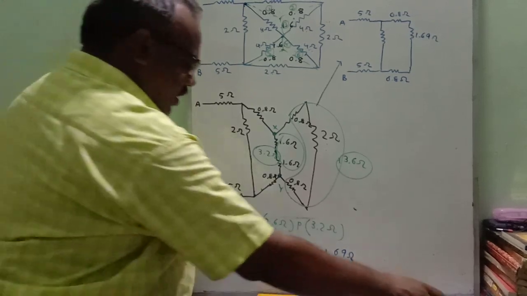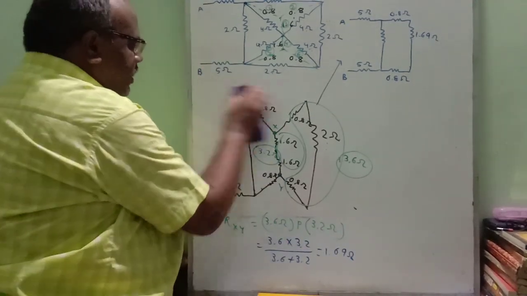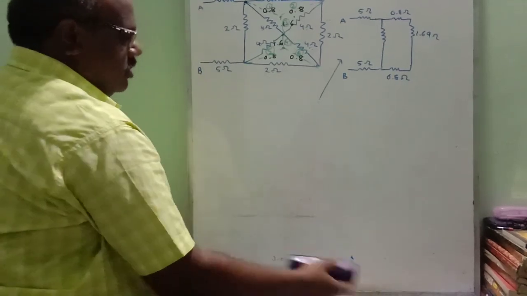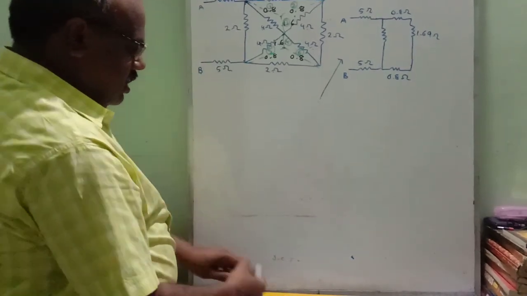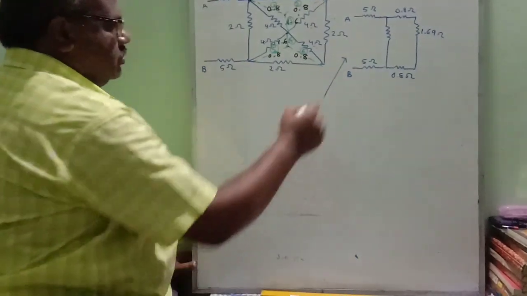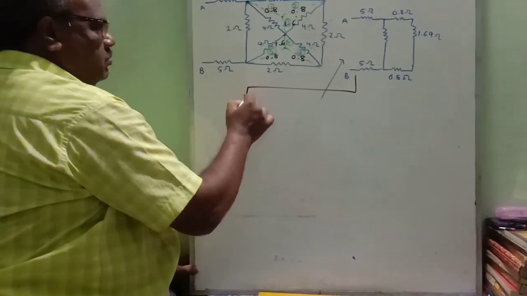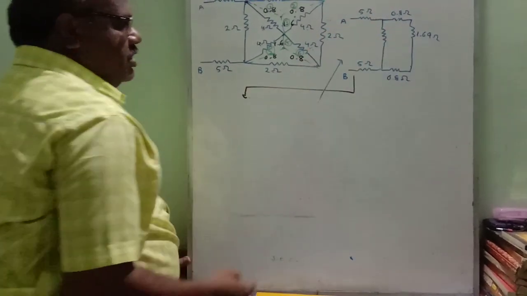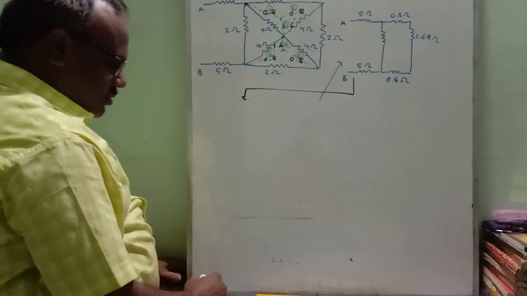So if you solve it again, series and parallel solve here. These three are in series, so this circuit again becomes 0.8 plus 1.69 plus 0.8.